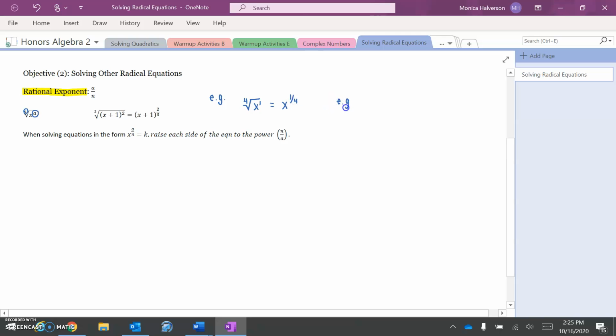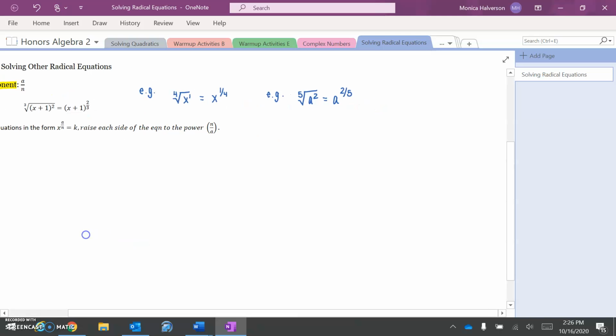Go ahead and rewrite the following radical in rational exponent form. The fifth root of a squared. Hopefully you wrote it as a to the 2/5. It's the exponent on the radicand over the index number.